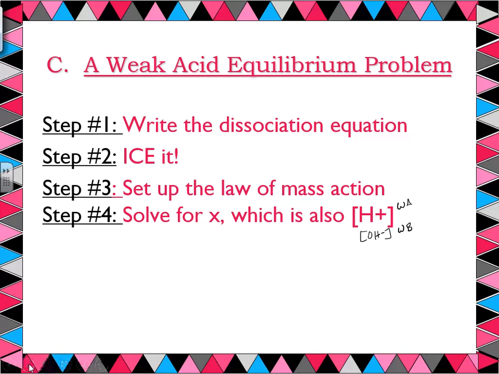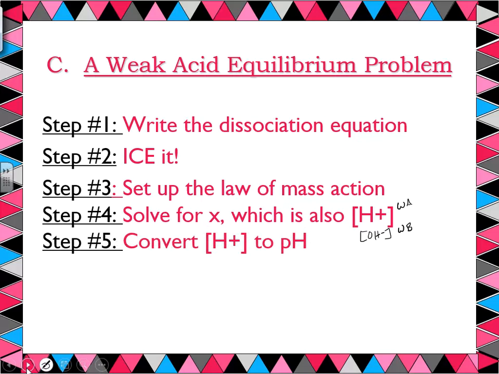So you'll solve for X. If X is the hydrogen ion concentration, you take the negative log of that to get your pH. If X is the hydroxide ion concentration, you take the negative log of that to get your POH, and then you subtract from 14.